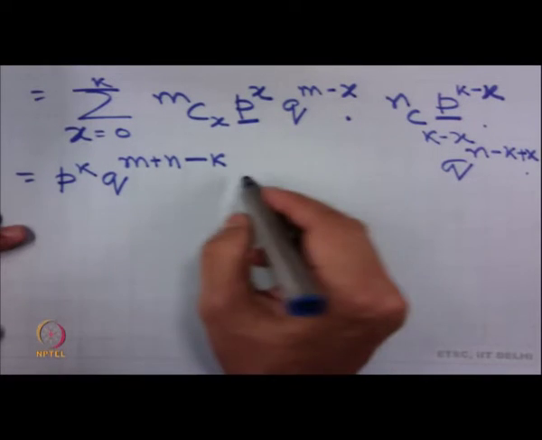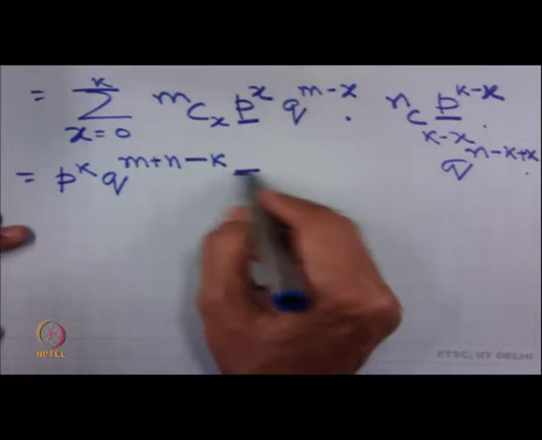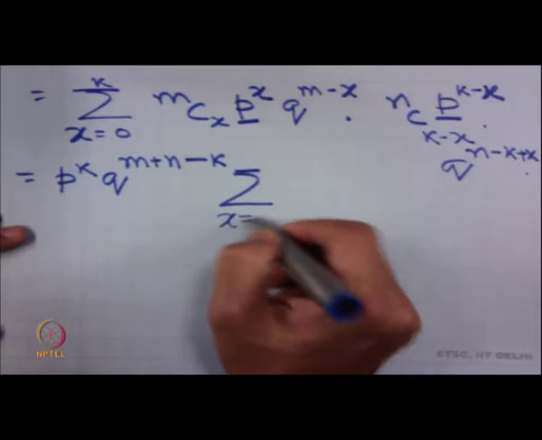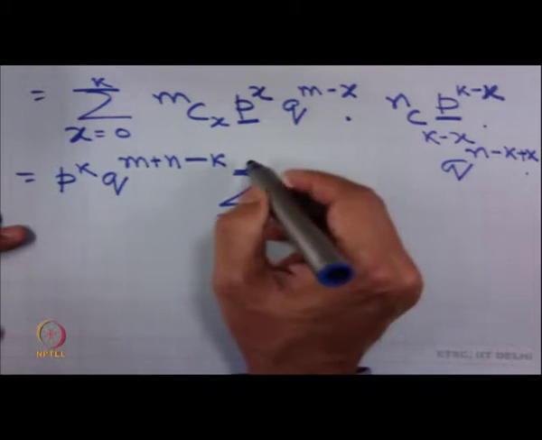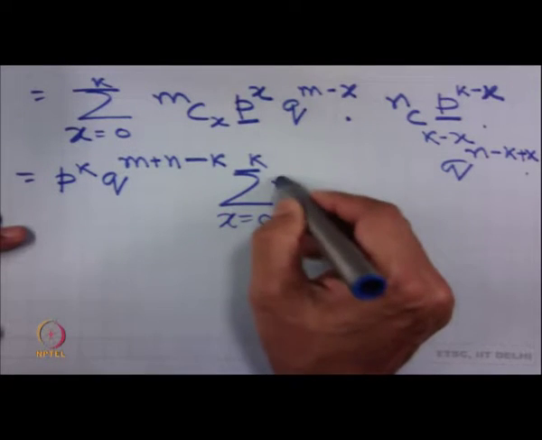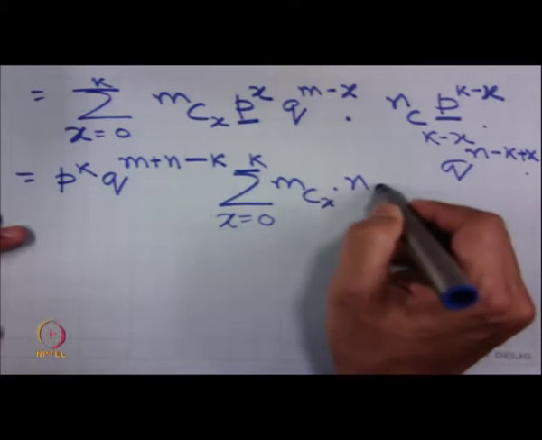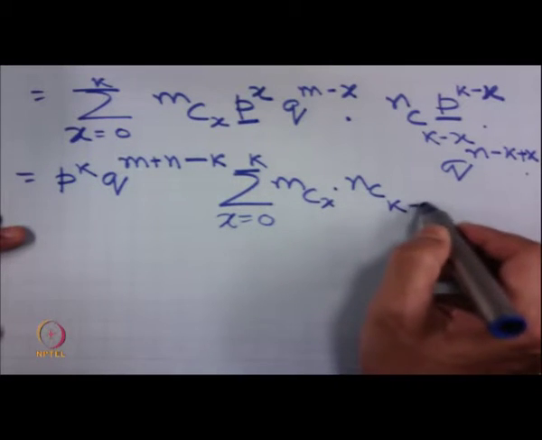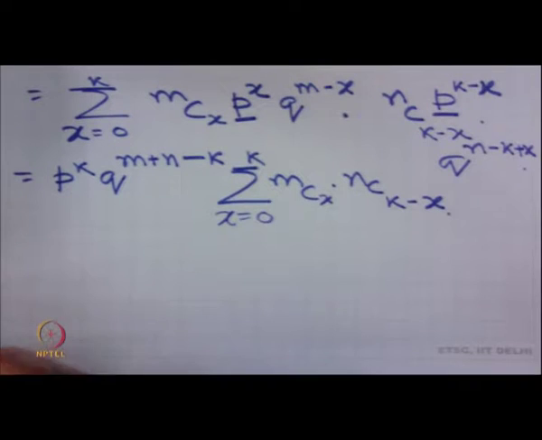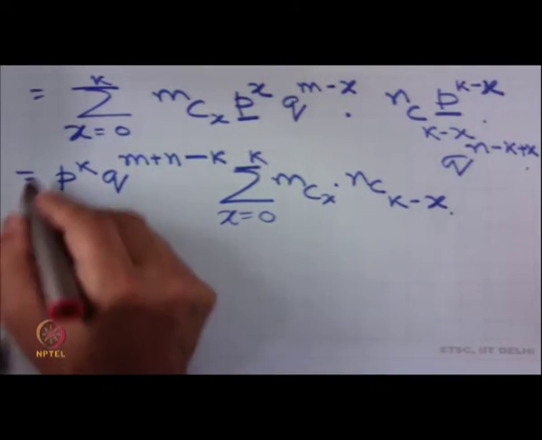So, we can take it out of the summation, and then we get sigma x equal to 0 to k, m c x into n c k minus x. So, that is the expression that we get.